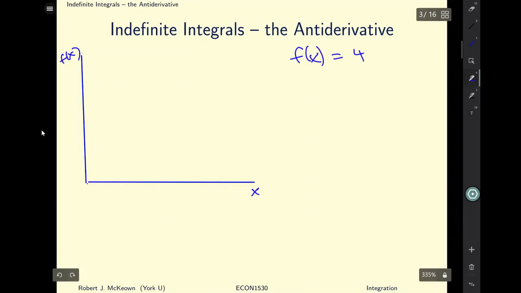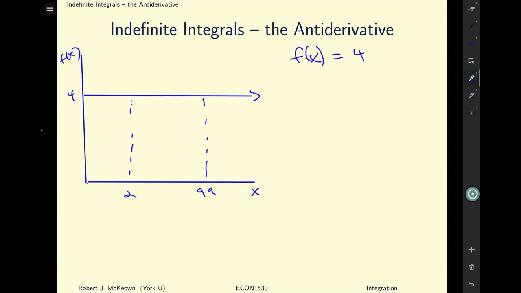And then where 4 is, we're just going to get a horizontal line, and it's just going to go on forever. Basically it's saying, if x is, say, 2, f of x is going to be 4. If x is 99, f of x is still equal to 4.